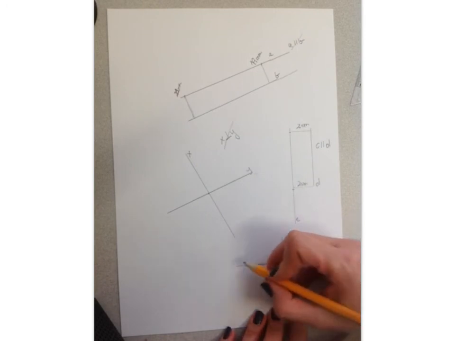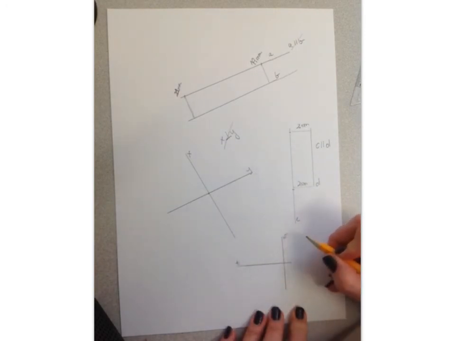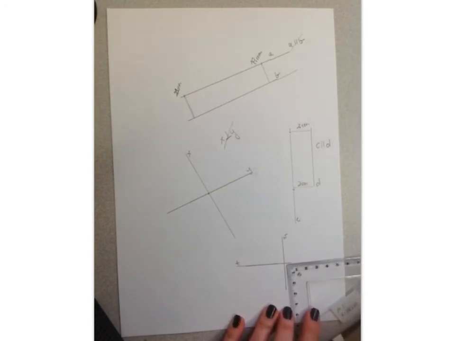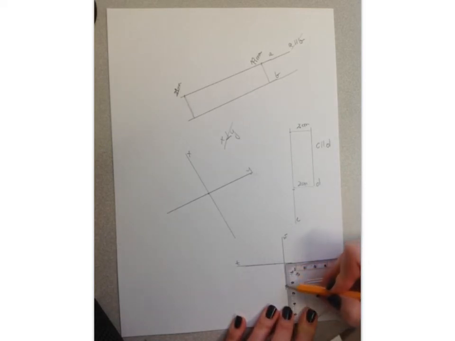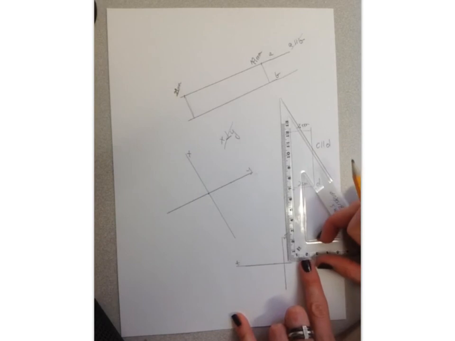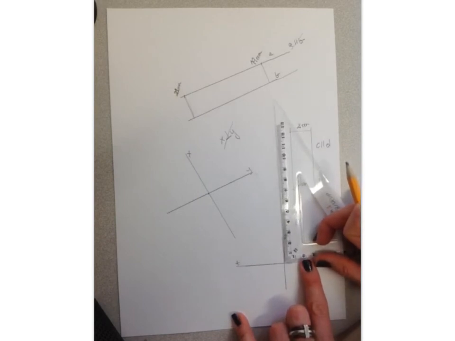And here, let's say it's T and W, and we need to check. They look like perpendicular lines, but we need to check it. So let's put our set square in here. And that's correct, exactly correct. The first line exactly in here, second line in here, okay? And it's like a cross, and we don't need to check all of the angles.